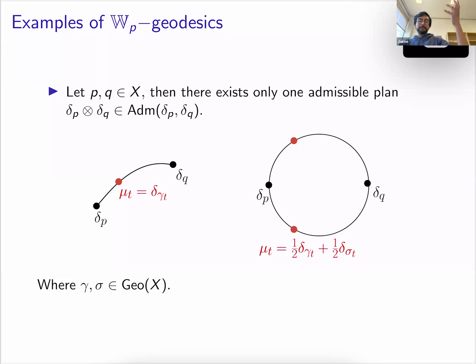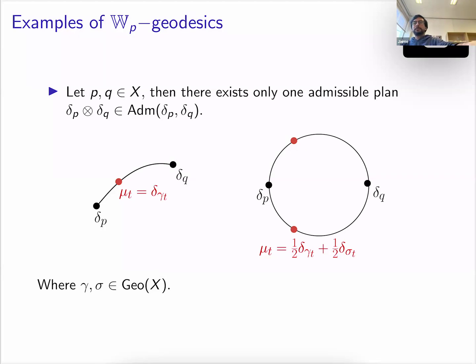So the mass is moving along geodesics, but even in this very simple case of just taking Dirac deltas, there might be some more complicated behavior than just taking the mass along one geodesic. So I can have more freedom and split the mass between them.